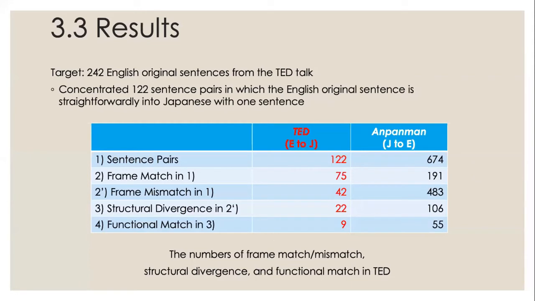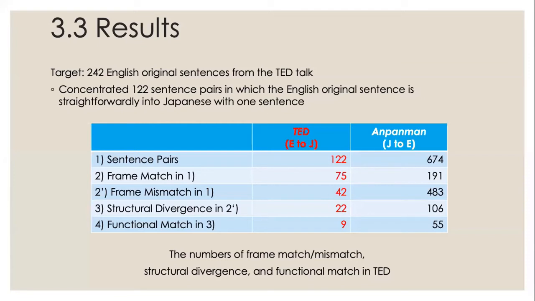Altogether, there were 242 English original sentences analyzed. And sometimes one English sentence was translated into Japanese with more than one sentence. At other times, multiple English sentences were translated into one Japanese sentence.